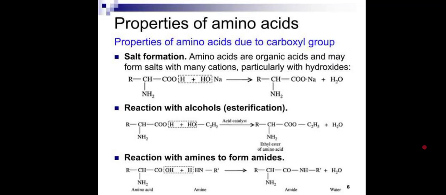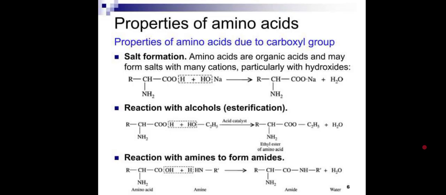It also reacts with alcohol to yield esters. That is also called esterification. So this is an amino acid reacting with an alcohol under an acid catalyst, and we have the ethyl ester of an amino acid with the release of water. We also have reactions with amines to form amide compounds.